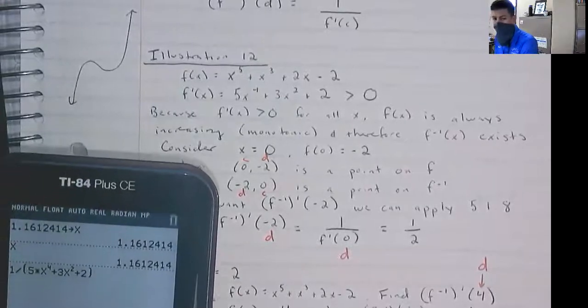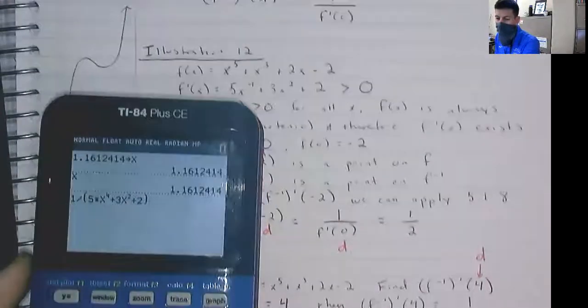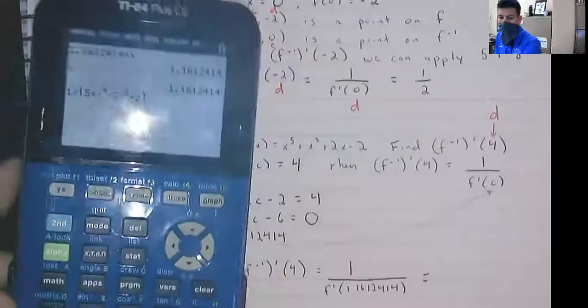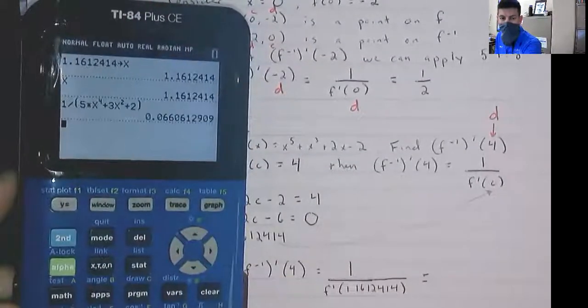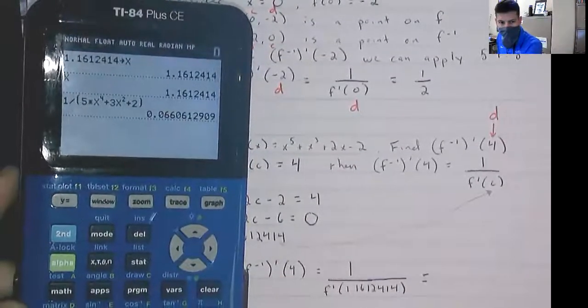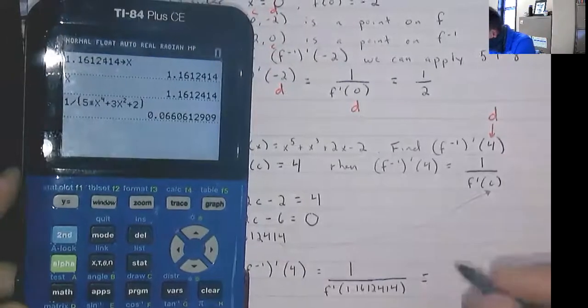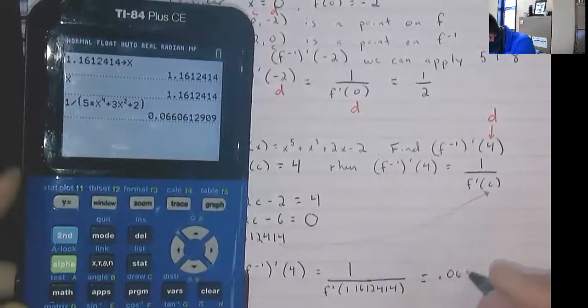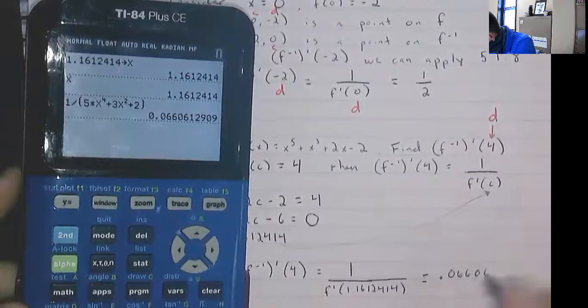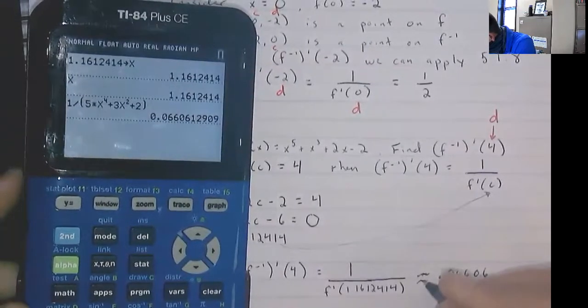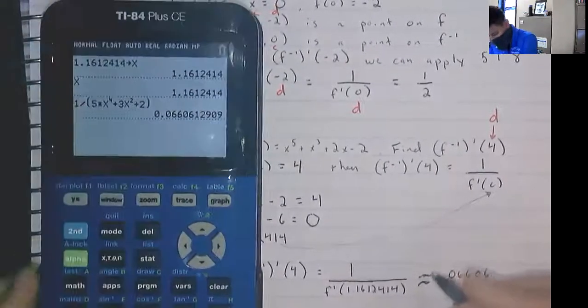Whew. Now we press enter. That should give us the derivative of our inverse at 4. 0.06606. And we're going to do an approximate here. We did cut off some digits.